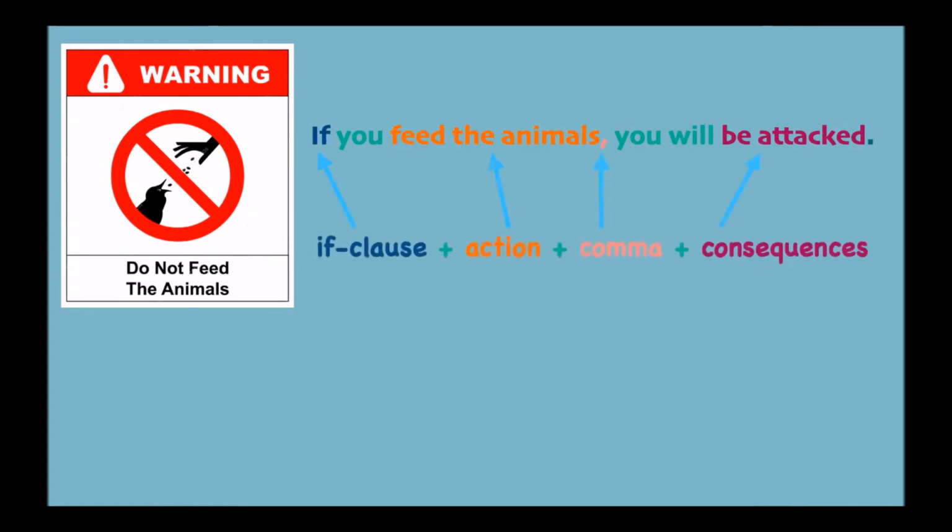We have here the if clause, always at the beginning of the sentence, the action. We use a comma to divide this part, and the consequence of the action. If you feed the animals, you will be attacked.